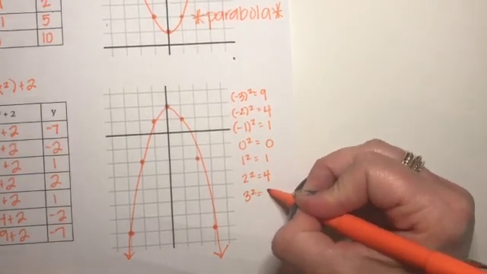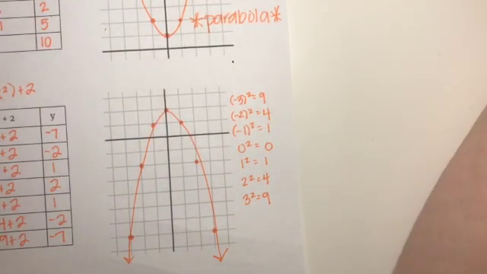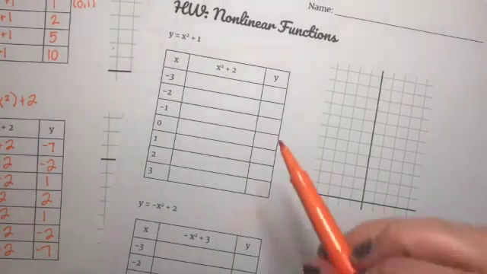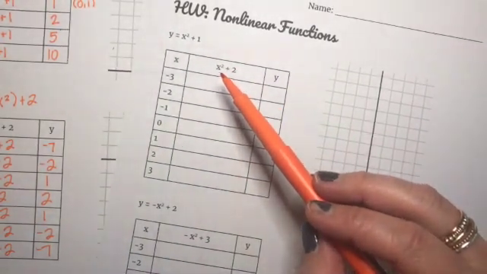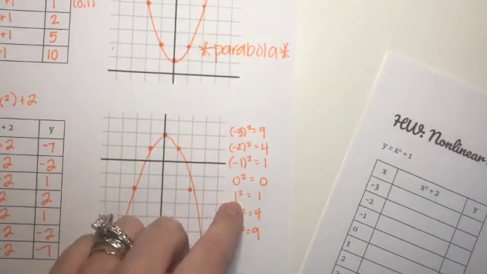And 3 squared is 9. So every single time on your homework, when you're doing -3 through +3 and you're squaring them, those are the numbers you're going to be squaring. So for example, this is your homework that I have. When you're doing -3 squared, you could consult back to here and just remember it's positive.